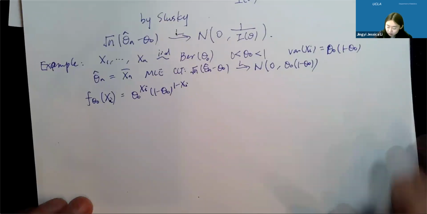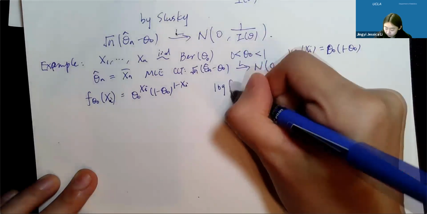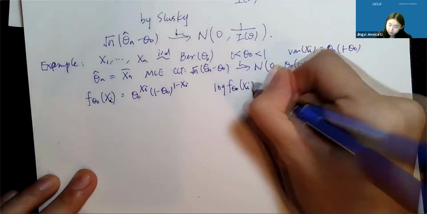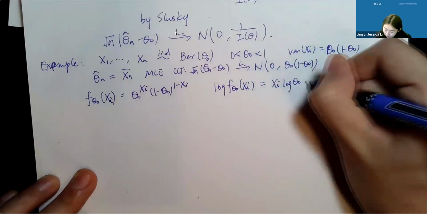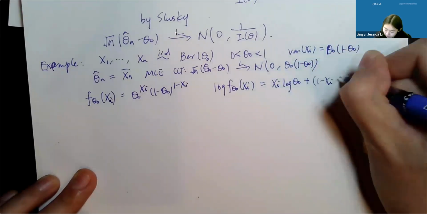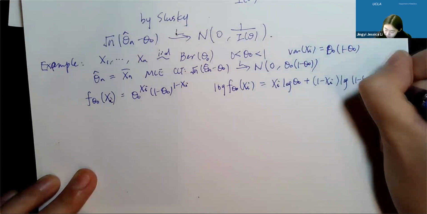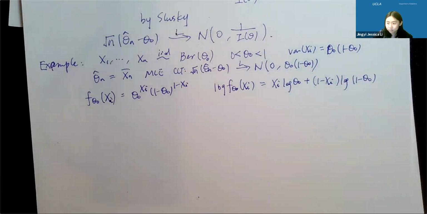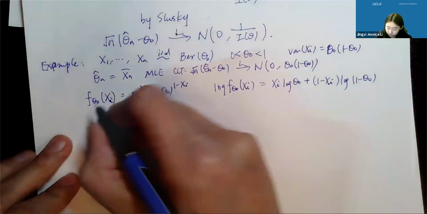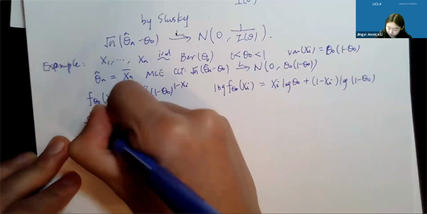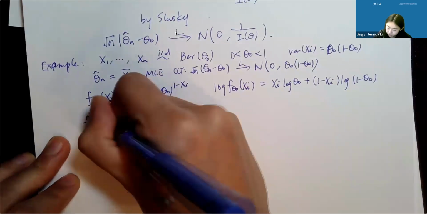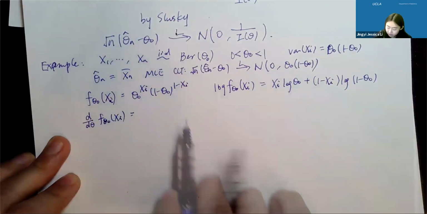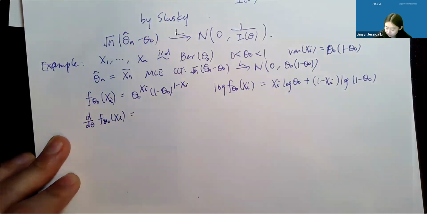So taking the log, we would have xi times log theta 0 plus 1 minus xi times log 1 minus theta 0. Then we take derivatives against theta. So we still evaluate this derivative at theta 0, so we keep theta 0 with us.